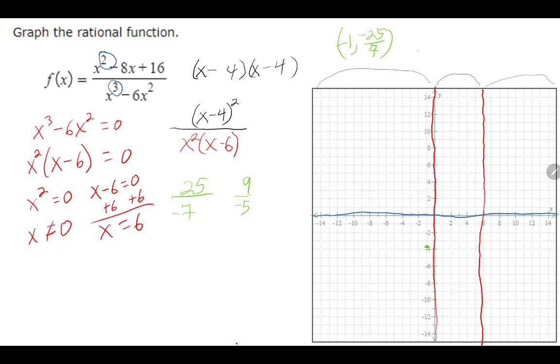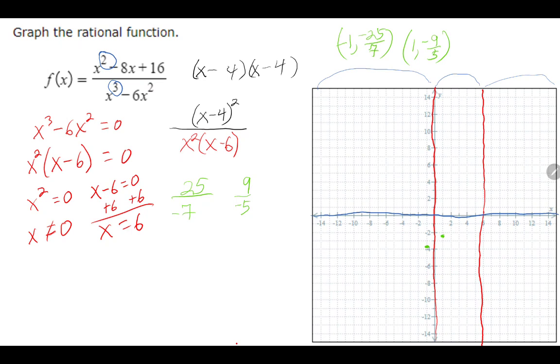So I have this next point, which is 1, comma, negative 9/5. Again, I plug that one in. And this one would be 1 and then go down a little bit more than 2, so about here.